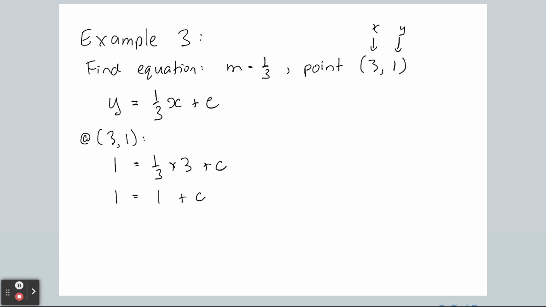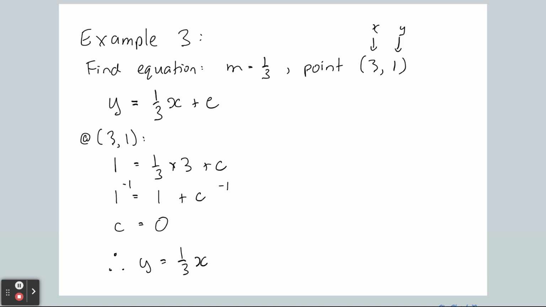And if I subtract 1 from both sides, I get c is equal to 0. I've just swapped sides here because we tend to be left to right readers. So I was left with c on this side, which I put there, and 0 on this side, which I put there. So c is equal to 0, and I can conclude, if you haven't seen these three triangles of dots before, that means therefore y is equal to a third x, and that's it, plus 0.